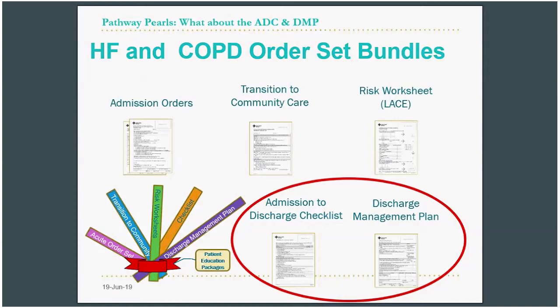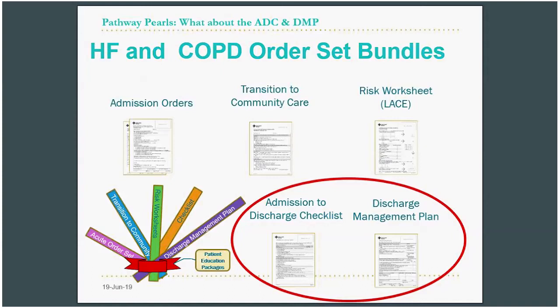Within that transition to community care is everything that is on the admission to discharge checklist. Ideally, if everything is done, it corresponds to a confirmation check-off on the discharge management plan, which is one final review with the patient before they go home.